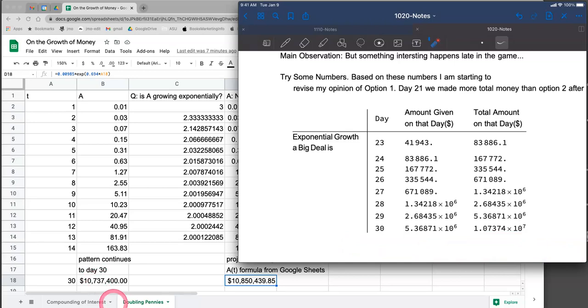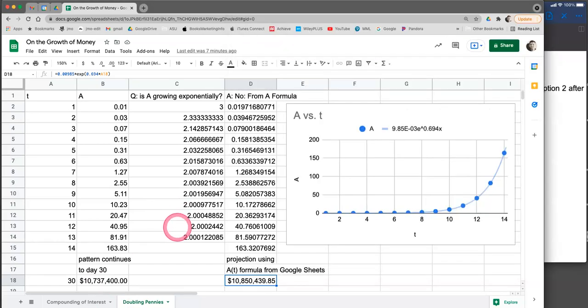Now, the interesting question that we looked at in the previous video was whether this amount of money over 30 days was growing exponentially. We ran the test to look at the ratios of two consecutive amounts in the account, and saw that while they're all in the 2 range, they are not the same constant.